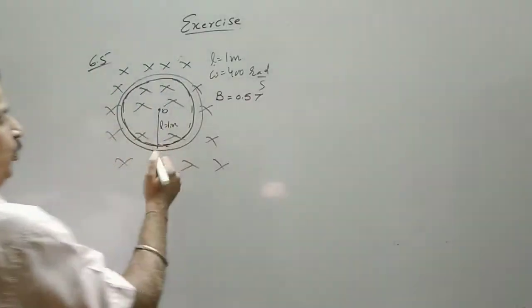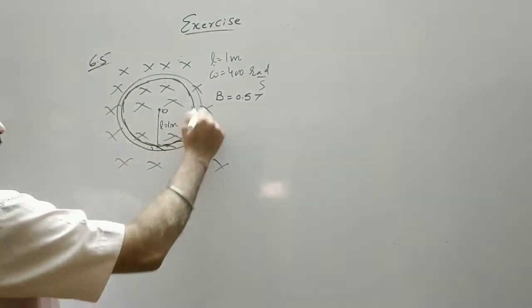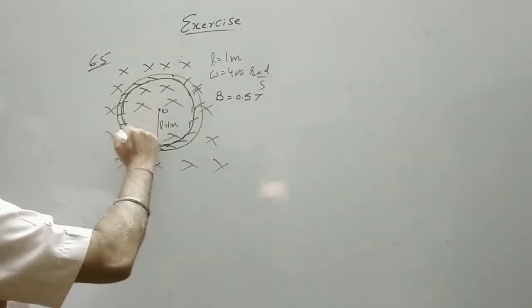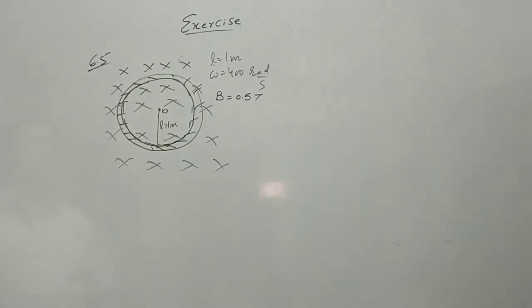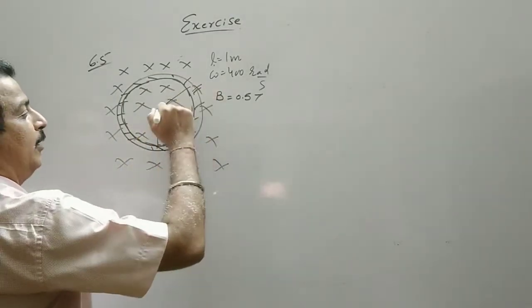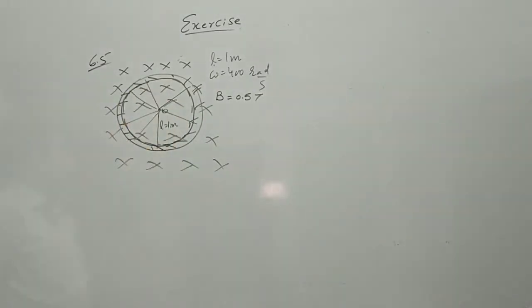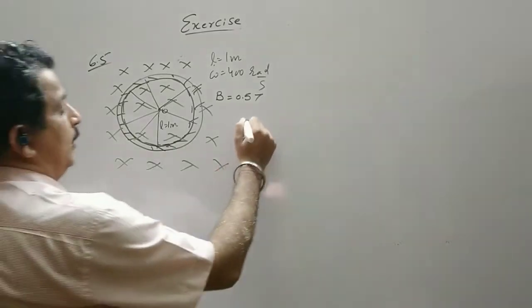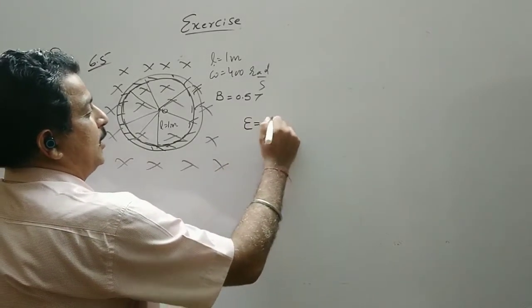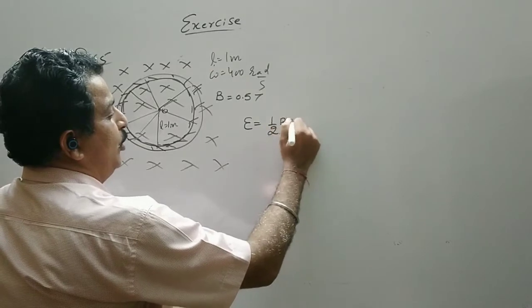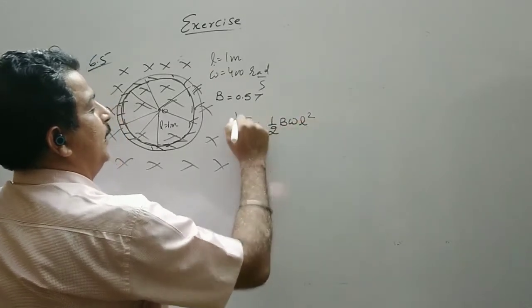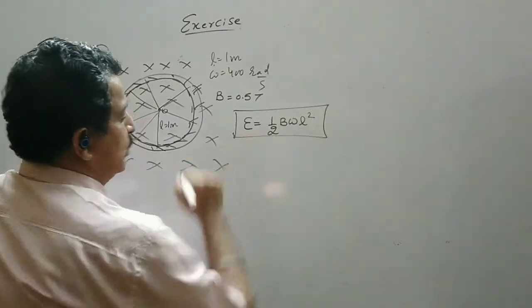If you remember, this was the same example we did. There we were given n number of spokes, and we concluded that the number of spokes does not play an important role, and the EMF induced in this case was half B omega L square. So all the three values are given.